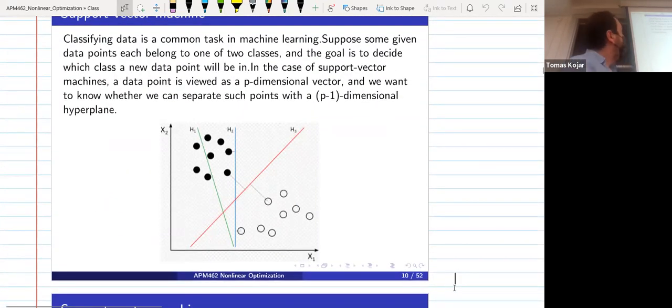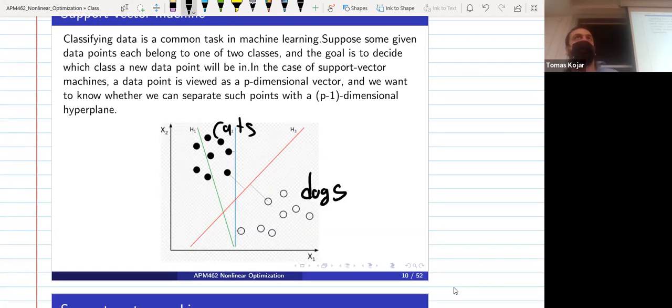You have two classes of data points, black and white, cats and dogs. This could be images, and you pixelate them. So you have two classes of points, and then you start with a new point x star. You have a new data point and you want to classify it.